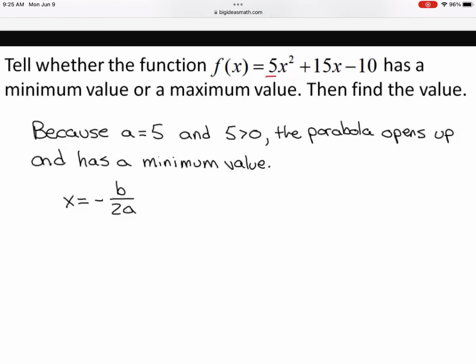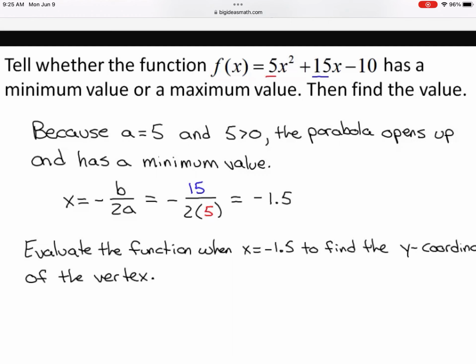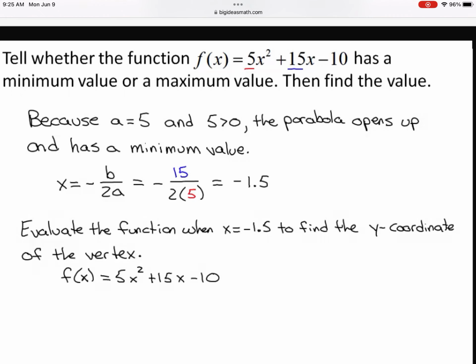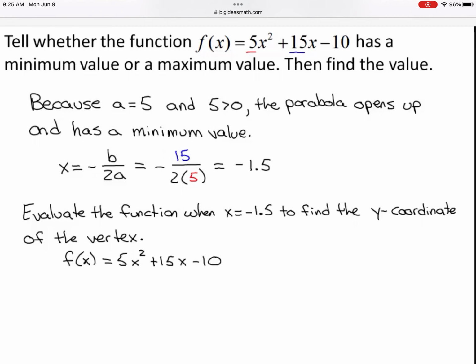Because a equals 5 and b equals 15, substituting 5 for a and 15 for b gives x equals negative 15 divided by the quantity 2 times 5, which simplifies to x equals negative 1 5/10. Then evaluate the function when x equals negative 1 5/10 to find the y-coordinate of the vertex. First write the function. F of x equals 5x squared plus 15x minus 10.